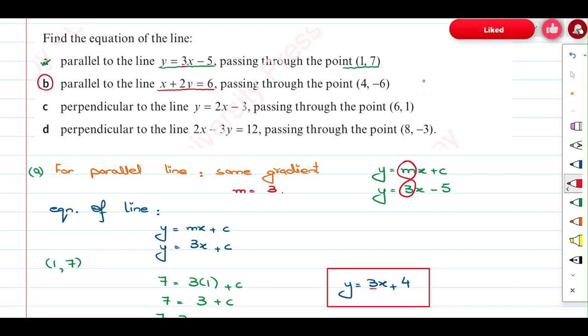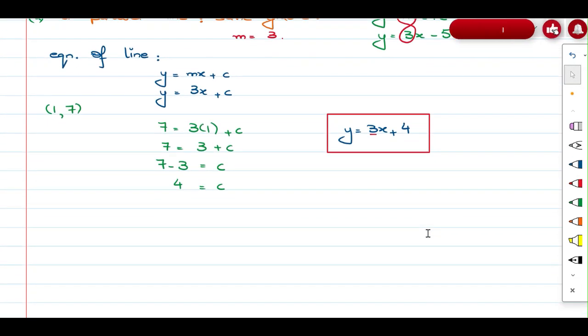So you need to convert this equation into y equals mx plus c, pick the m value, the gradient, and the new line's gradient must equal this line's gradient, and just use the point to get the value of c, like we did over here. Or let me do part B as well, because maybe students will get confused.